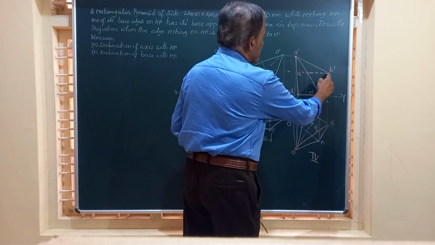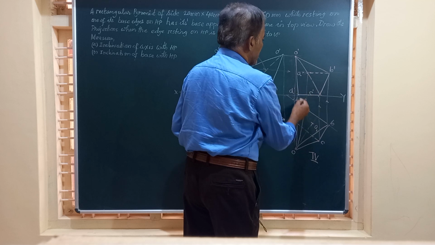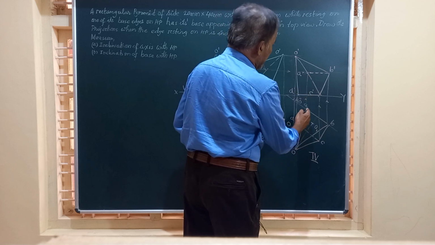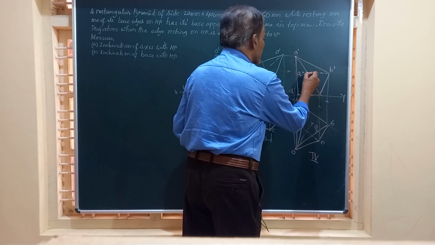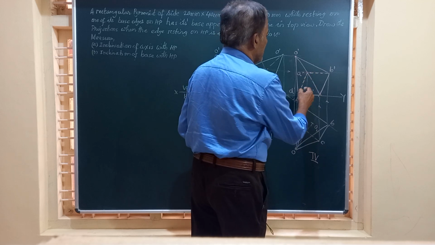So A to B is joined, B to C is joined, C to D is joined, D to A. Friends, D and A is not visible. When this is not visible, this is also not visible. So I have to show by a line like this.